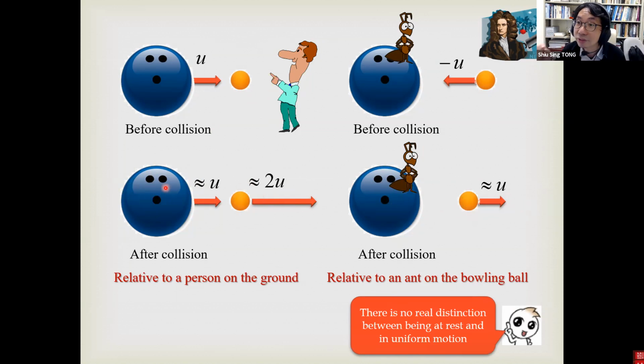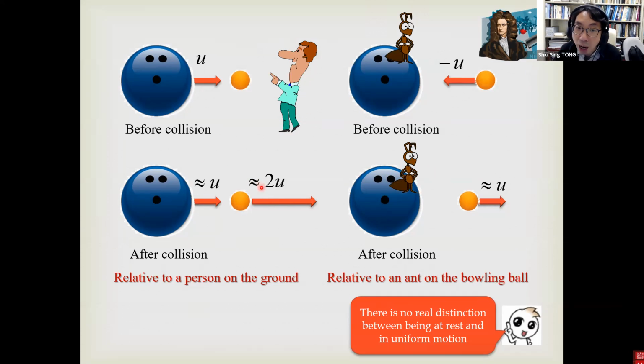This is a change in frame of reference. The two frames of reference, the person at rest on the ground and the person on the ball, are just different by velocity u. If I add the velocity u to the ping pong ball and also the bowling ball, I go back to the frame of reference of the person at rest on the ground.